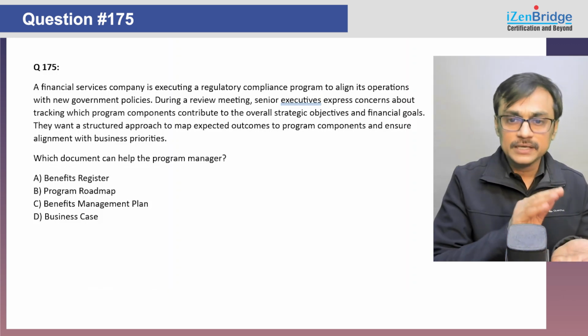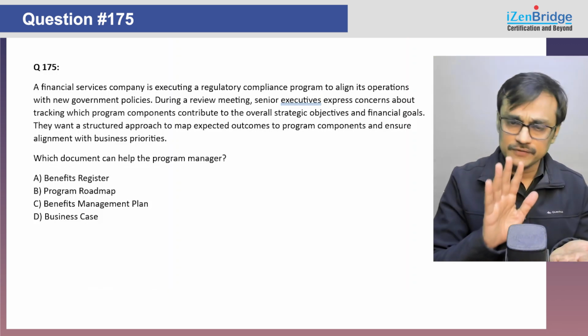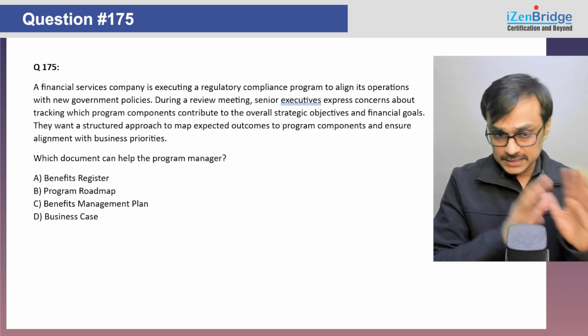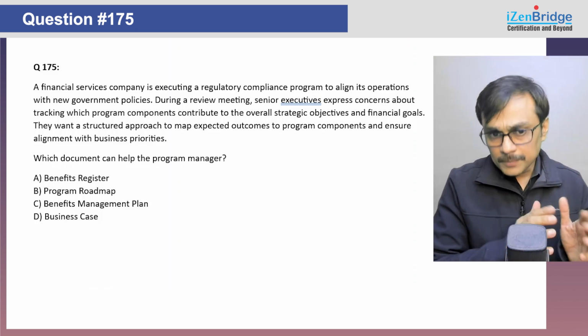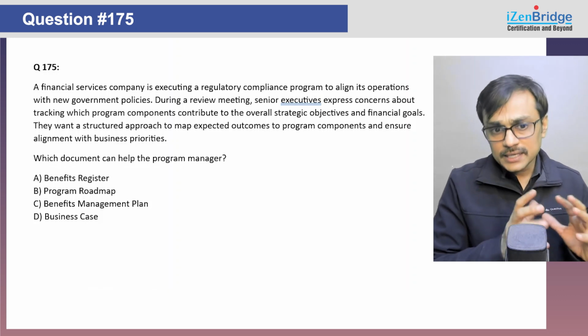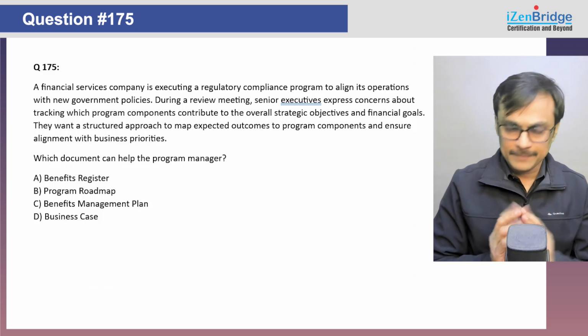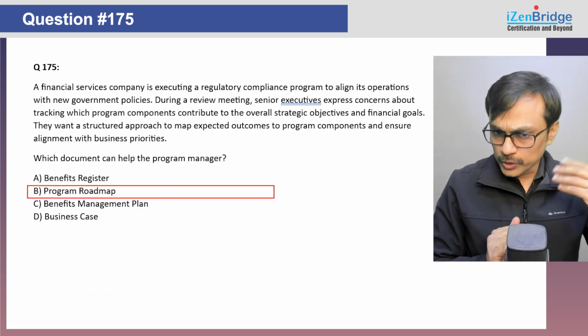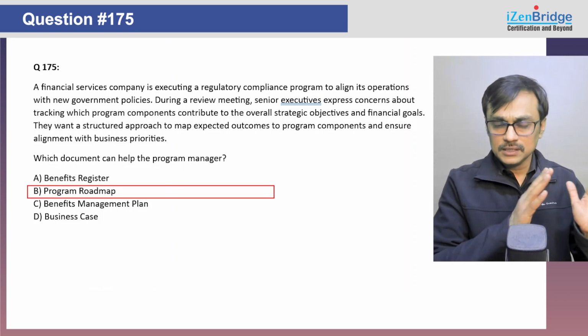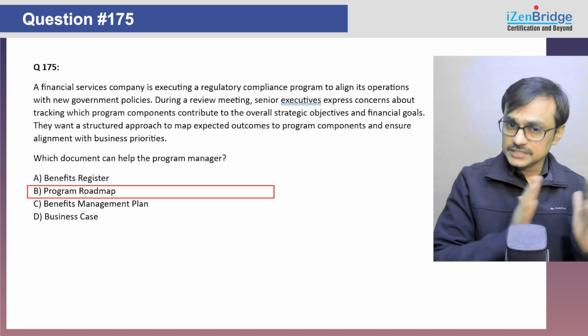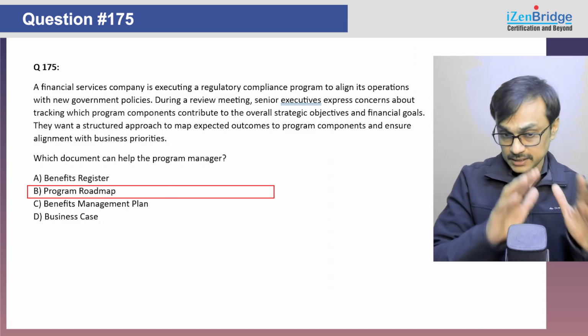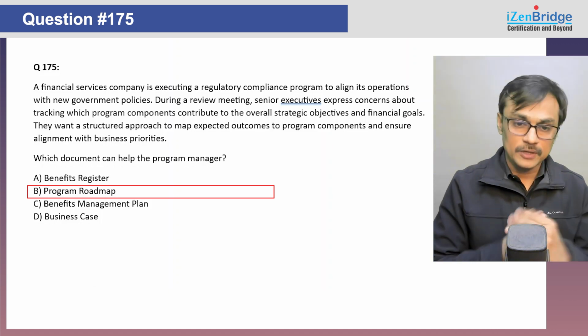Mapping is most likely to be available in a benefits register also. So when I talk about options, I can say it is basically focusing on benefits and it is also focusing on mapping. The roadmap also shows me the overall components and what benefits they are producing. Yeah, even in that case, the roadmap also contains it.